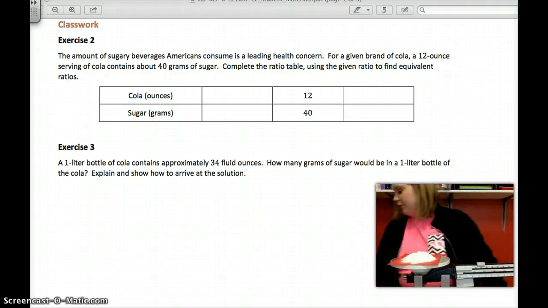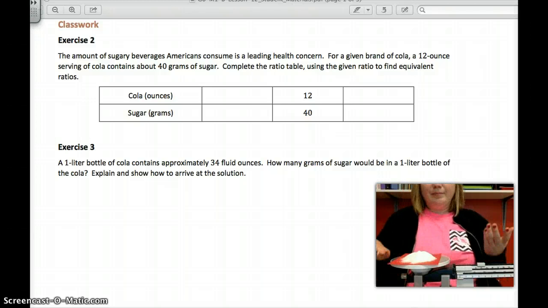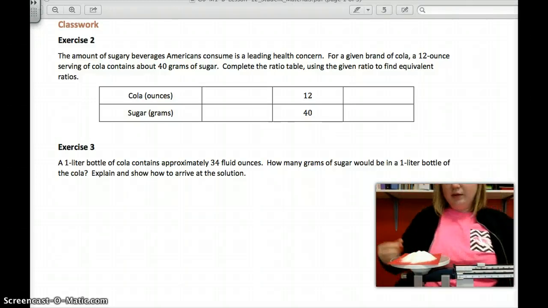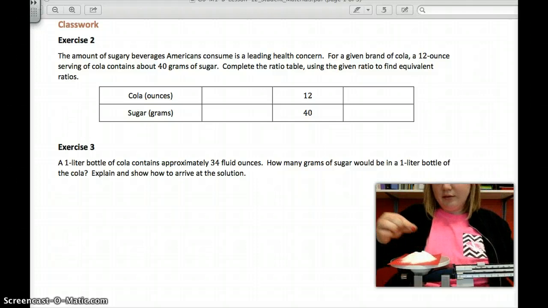Okay, so that was actually a whole package there. So a little bit less.